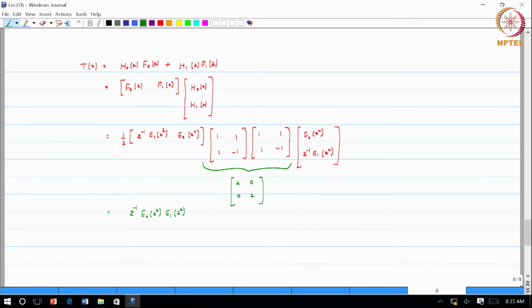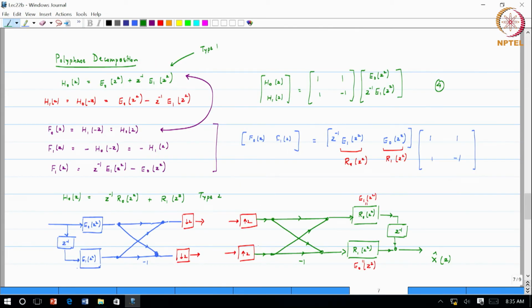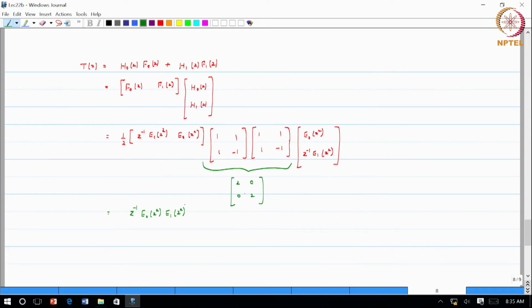Now, which was the same insight that you got from the multi-rate structure as well. Basically, once you move the multi-rate blocks, then there is upsamplers and downsamplers, the two matrices will cancel, and then upper transfer function, lower transfer function come out to be the same, and that is exactly what we have got, and this is equal to T of Z. So, T of Z comes out to be the product of the two polyphase components.